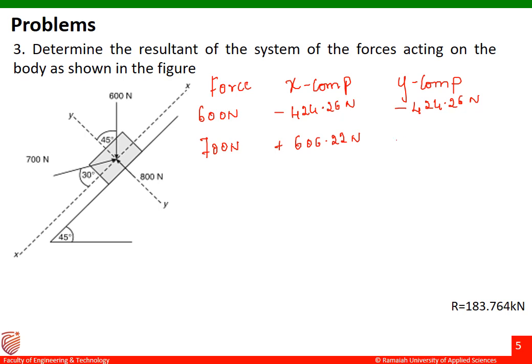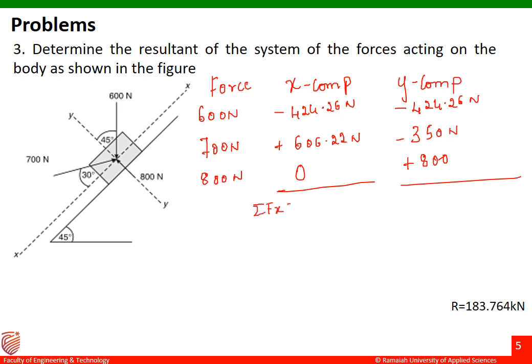You'll get it as minus 350 Newton over there. This is regarding the second force. Coming to the third force, that is 800 Newton, we have x component as 0 and y component as plus 800.